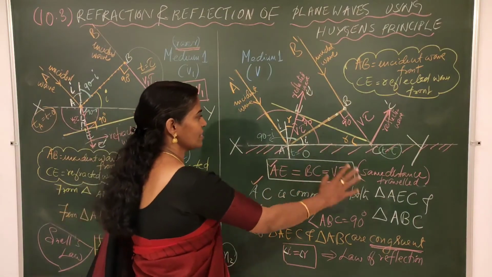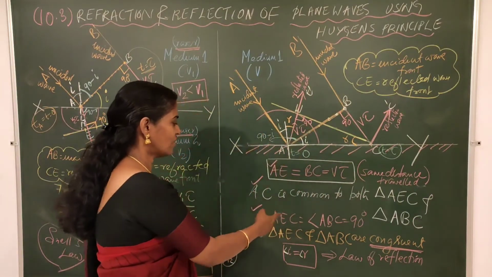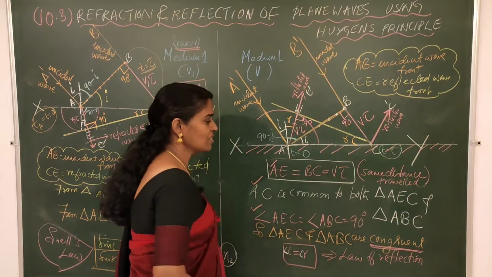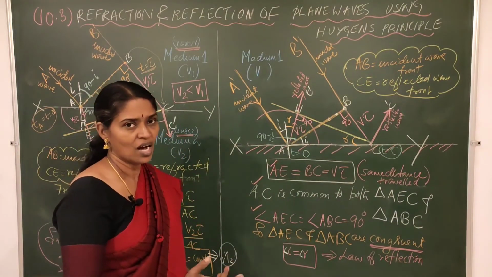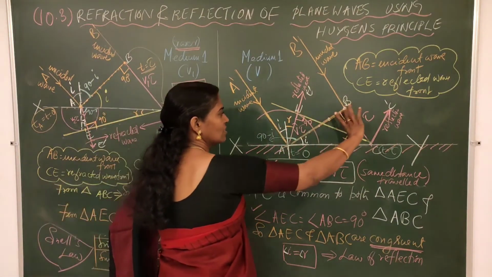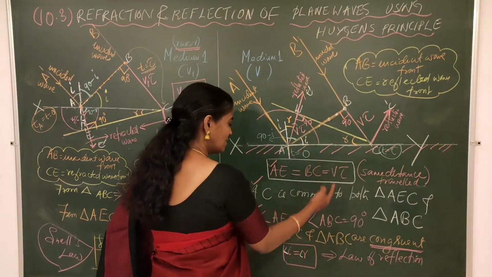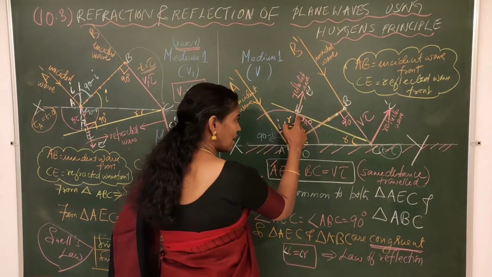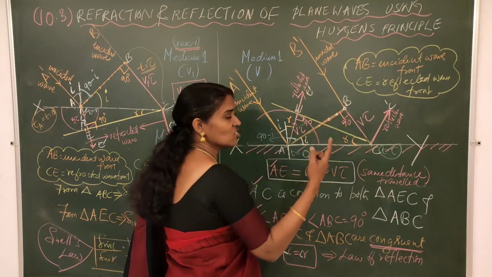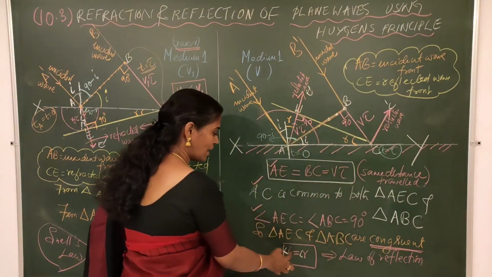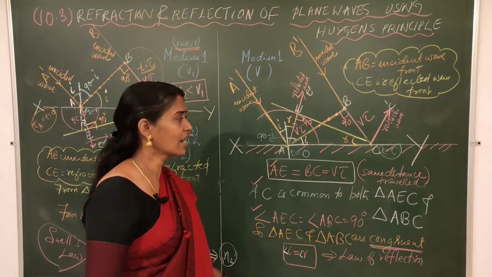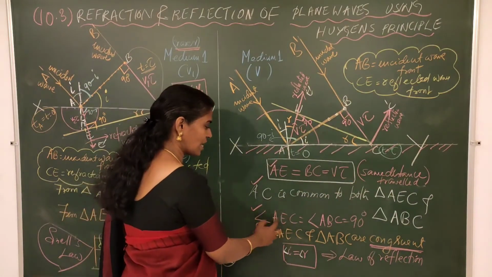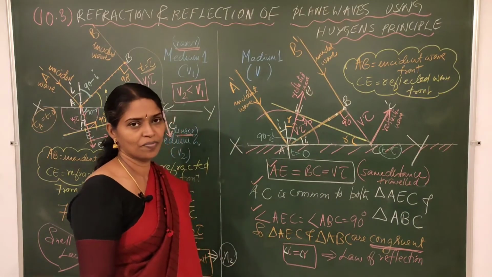Now the remaining, you can very simply show the triangles AEC and ABC are congruent. How? AC is common to both. Also angle E and angle B are 90. So obviously angle I equals angle R because these two triangles are congruent.